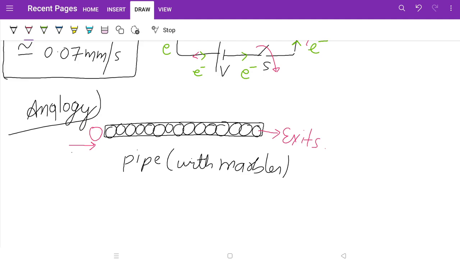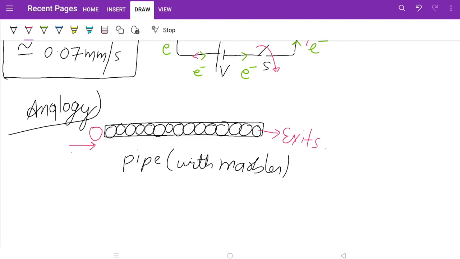The moment I introduce another marble to the pipe, the last marble exits the pipe, right? Now, the important point is what? The marble that came out from the other end almost immediately is not the same marble that I pushed, right?